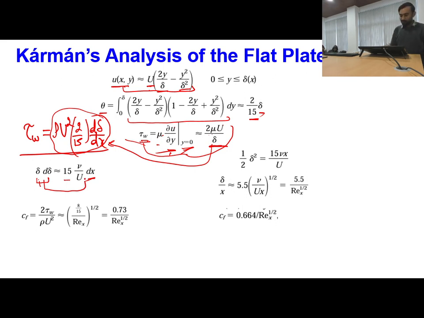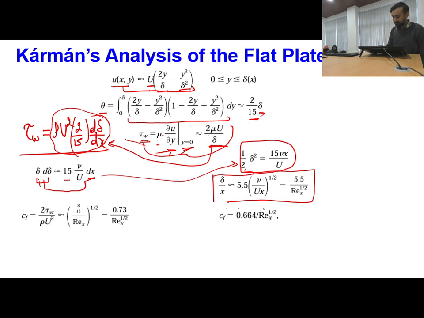Now if I do this integration, I will be getting 1 by 2 delta square equal to 15 nu x by U. Further simplification of this gives me that delta by x equals 5.5 times (nu by U x) to the power 1 by 2, which is equal to 5.5 divided by Reynolds number at x to the power 1 by 2.